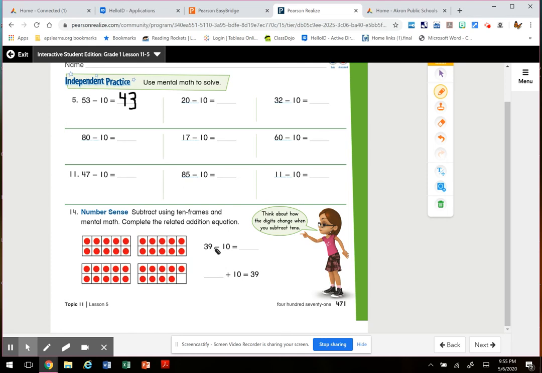So 39 minus 10. 10, 20, 30, 1, 2, 3, 4, 5, 6, 7, 8, 9. So we have 39 minus 10. So we take one of these 10 frames away. And we have 10, 29. So 39 minus 10 equals 29.